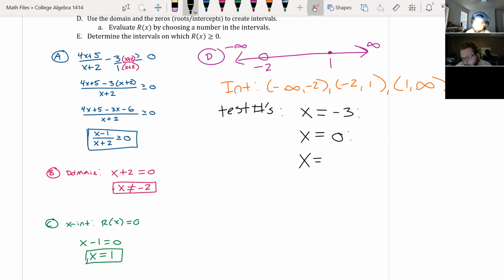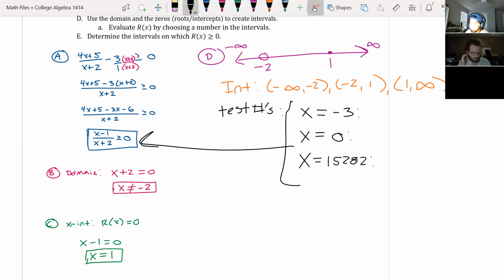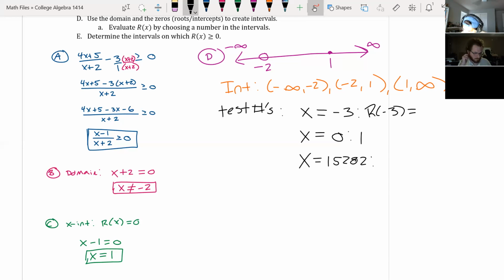15,282. Sure, 15,282 just for kicks. All right. And we're going to go ahead and plug these numbers into the new function. All of these get plugged into the new function. So I'll have r of -3, r of 0, and r of 15,282. My goodness.